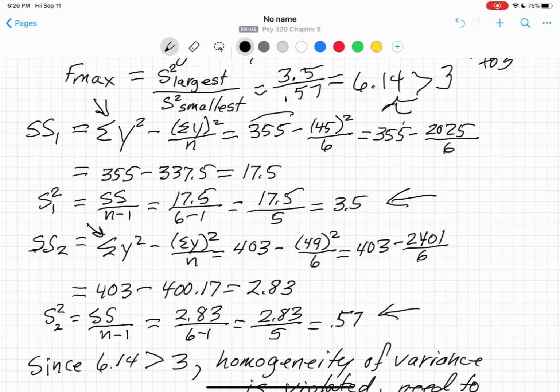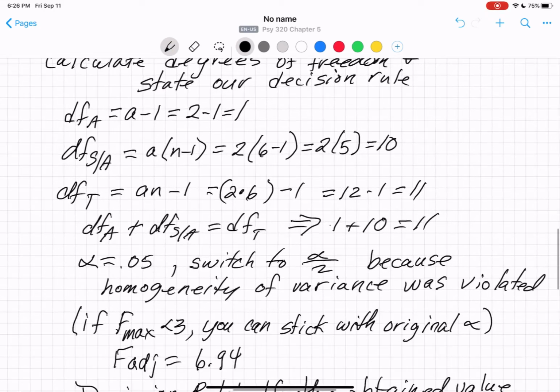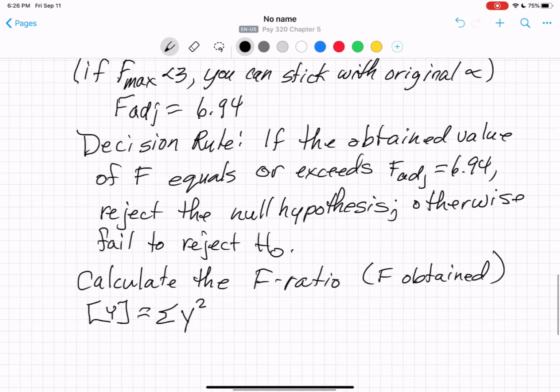So we're going to use 355 and 403 and just add them up. If you don't already have that calculated, you're going to take all 12 of our scores, square each one, and add them up. Okay? So this adds up to 758.